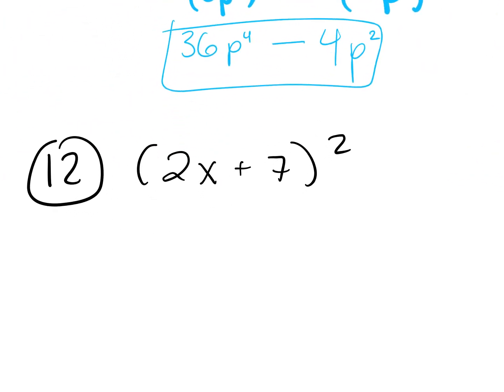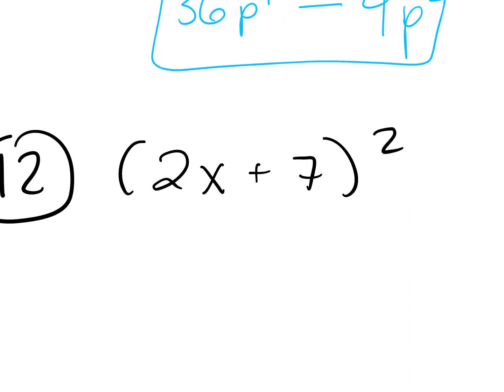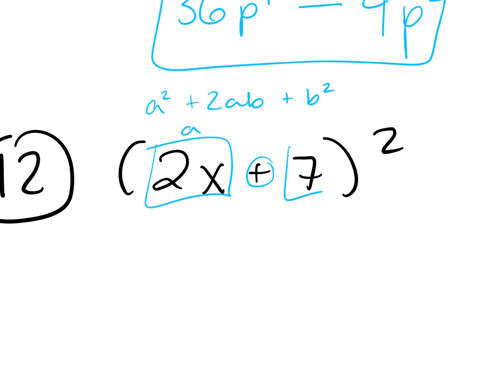Lastly, let's look at 12. We're going to do our shortcut here just to practice it. So when it's a plus in the middle, our formula is a squared plus 2ab plus b squared. What's our a? 2x. And what's our b? 7. So let's plug it in. We have 2x squared plus 2 times 2x times 7 plus 7 squared.